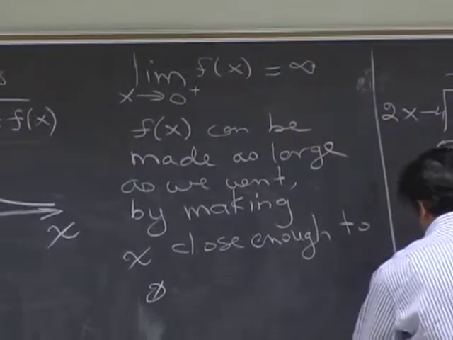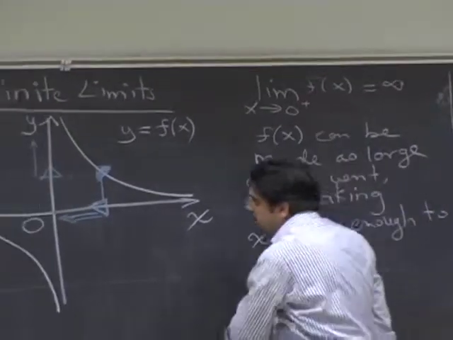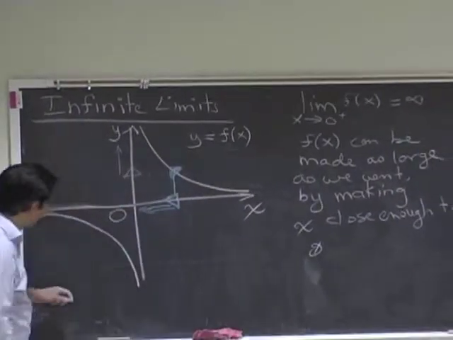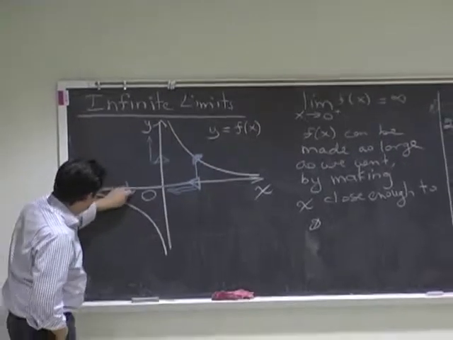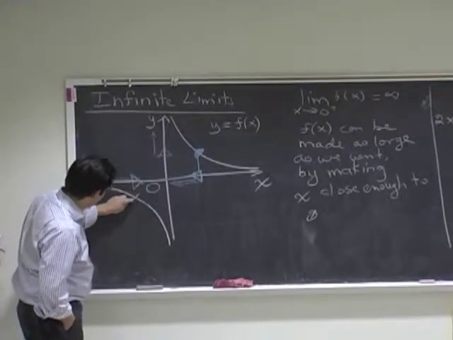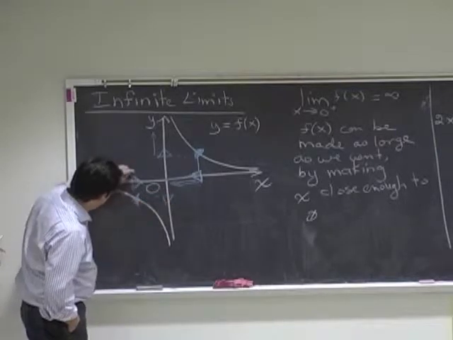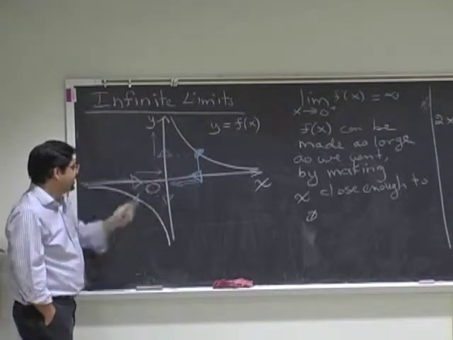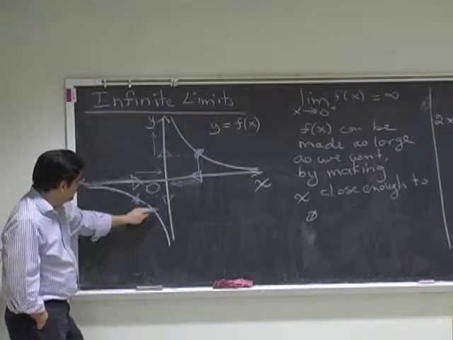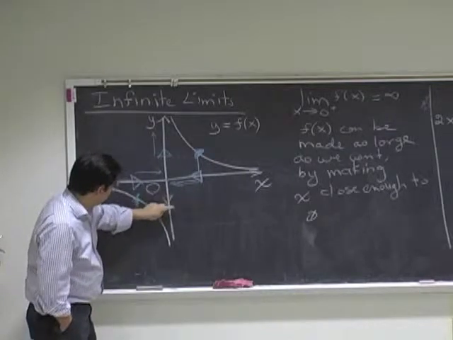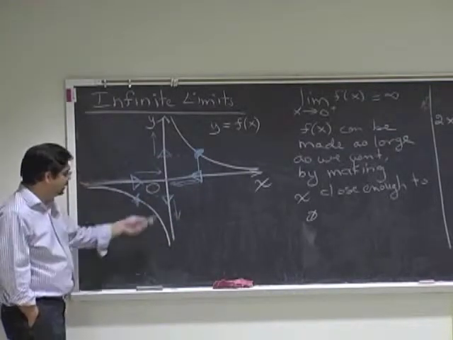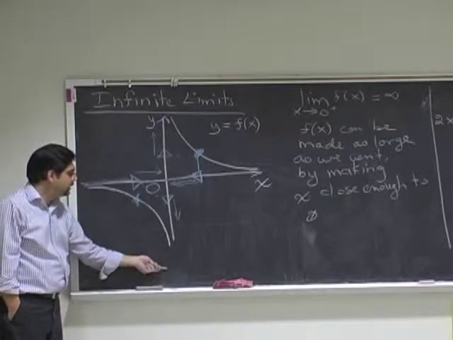Something similar happens on the left-hand side. So if we pick a value of x and take the corresponding value on y, as x gets close to 0 from the left-hand side, the values of y fall as far down as we want.